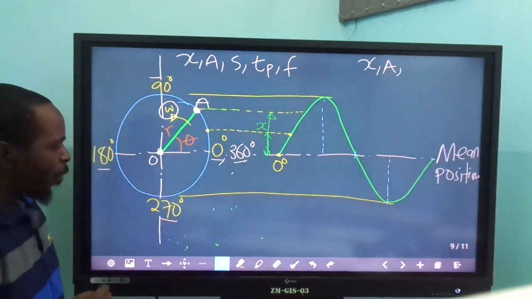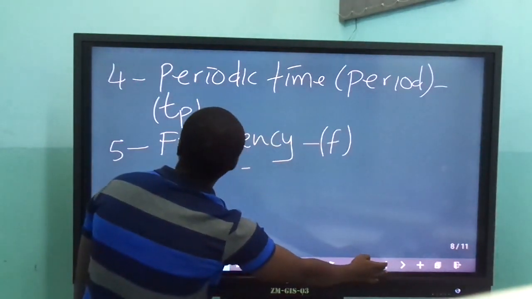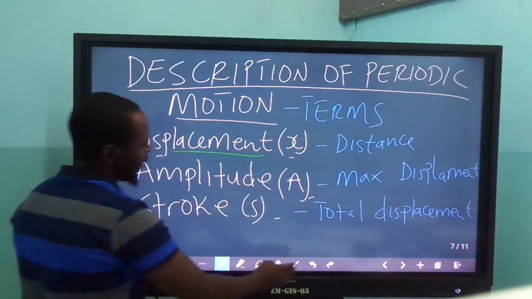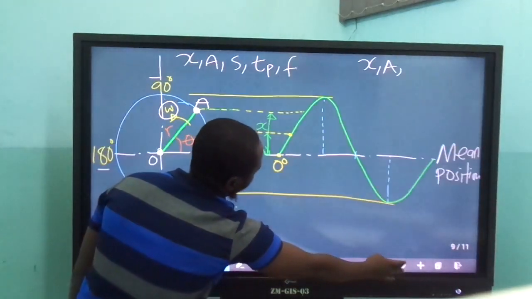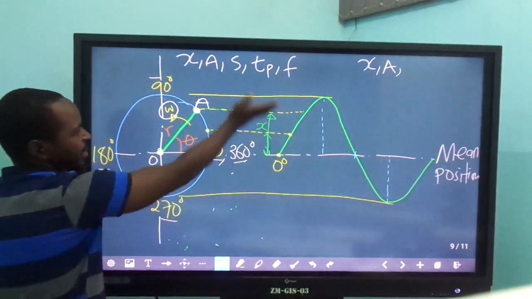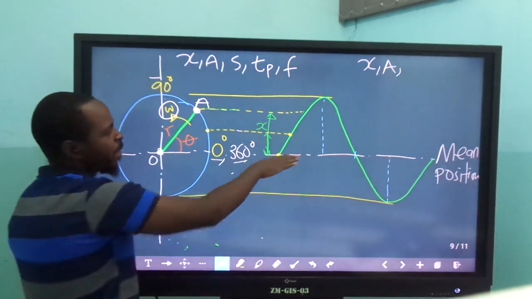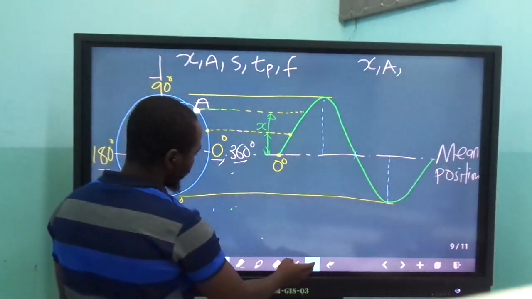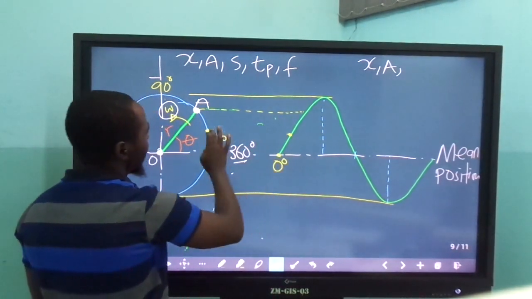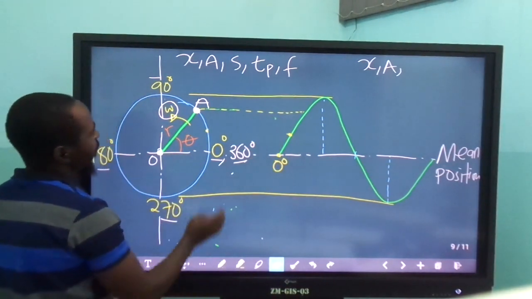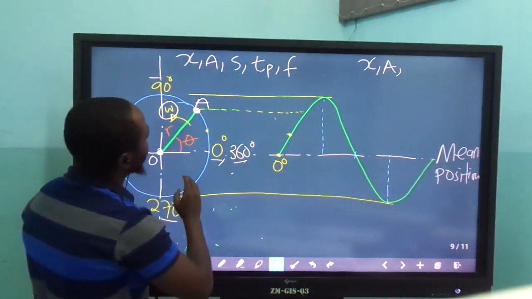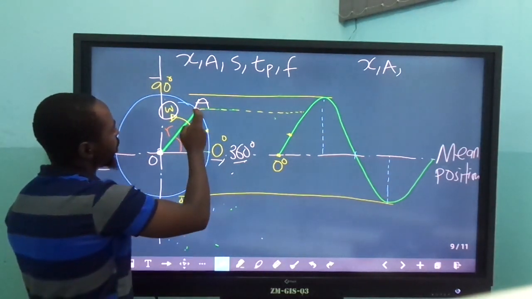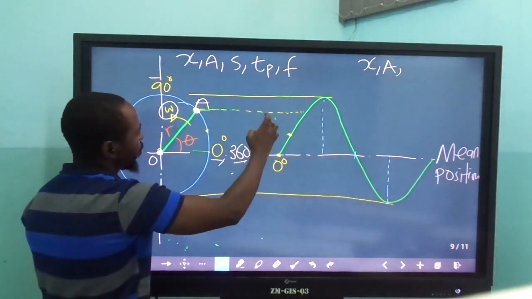Now, we are going to define displacement. Displacement x as the distance between the mean position and the actual position of the particle. So, for this case, the position in which point A is, the distance from the mean position to where it is is equal to this distance.